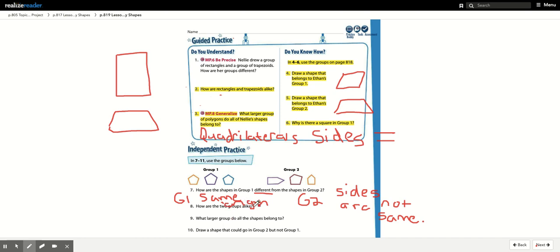So all the shapes have how many sides? 5 sides. And if they have 5 sides, they must have how many angles? 5.